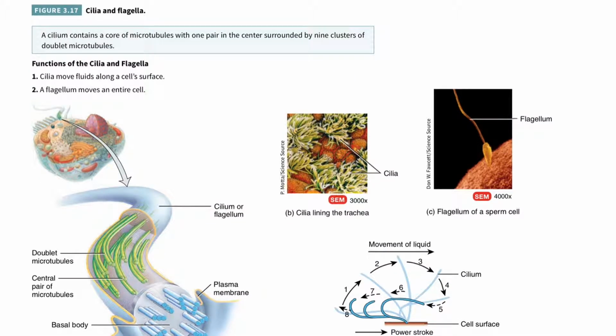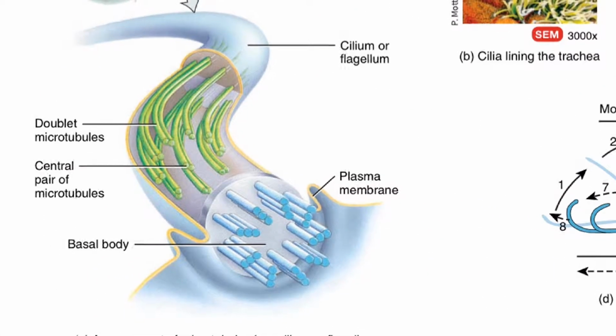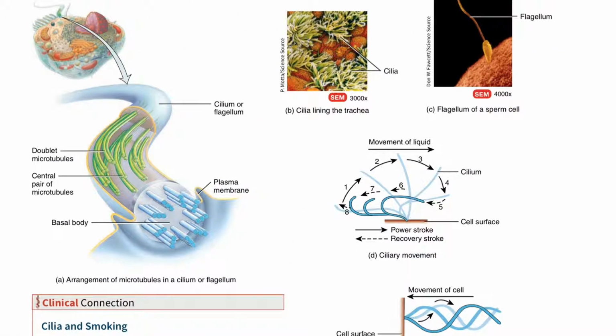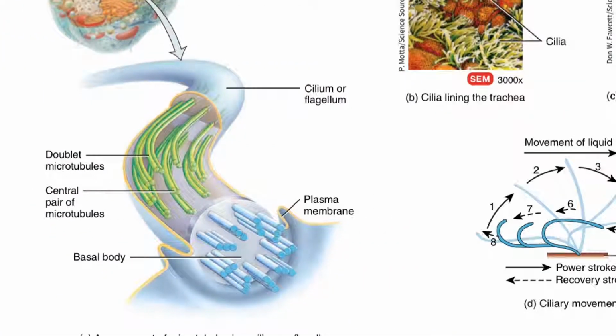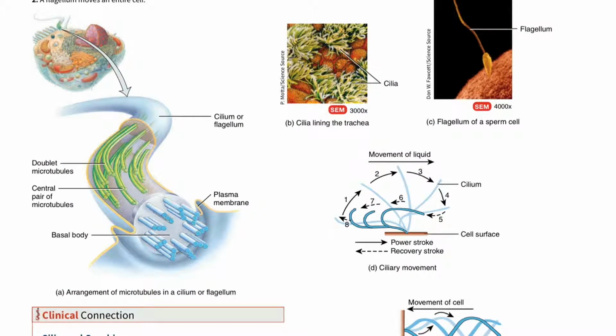Once again we are looking at this figure. The same 9+2 arrangement of microtubules is present in the structure of flagella. See, cilium or flagellum, 9+2 arrangement of microtubules. So this point we have discussed.